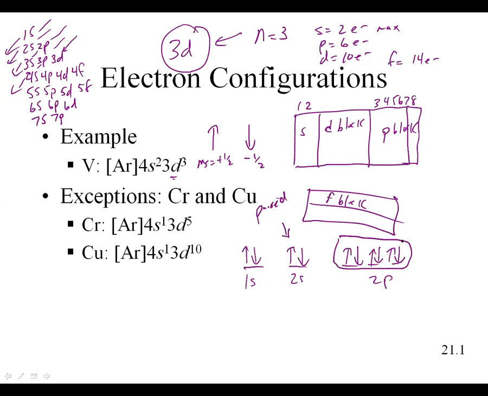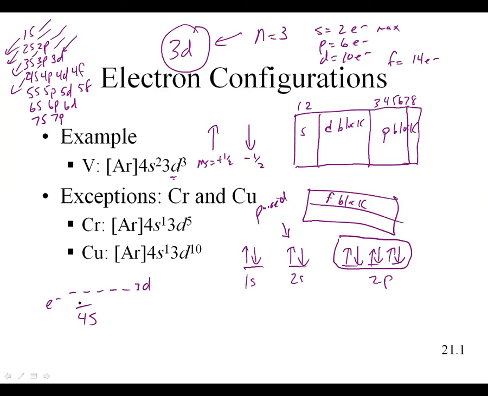Now, when we look at electron configuration, there's a couple of exceptions to normal electron configuration. Two very common ones that most people look at are chromium and copper. Chromium and copper actually have one less electron in the s orbital and one more electron in the d orbital. That happens because, as you may know, when the electrons get filled, the 4s is lower in energy than the 3d.